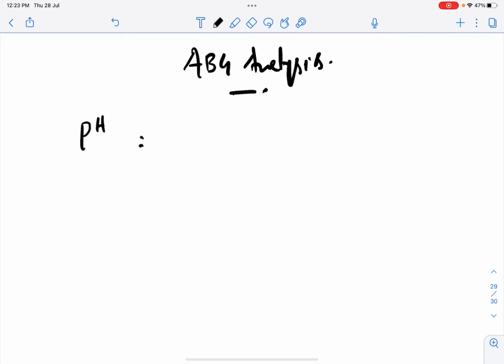So hi friends, today I would like to discuss ABG analysis, arterial blood gas analysis. Starting with the normal values, the normal pH is 7.35 to 7.45.